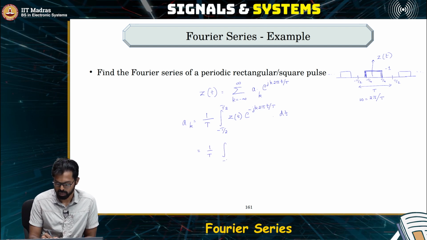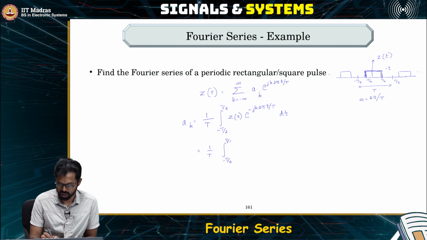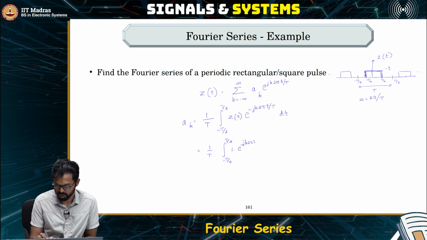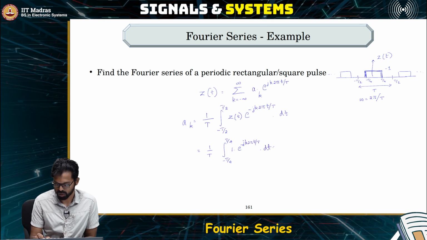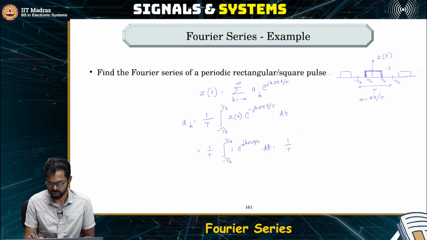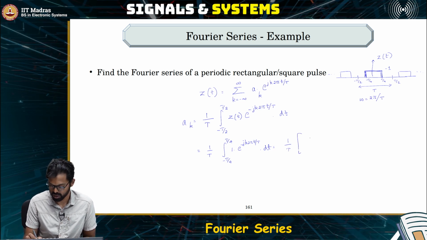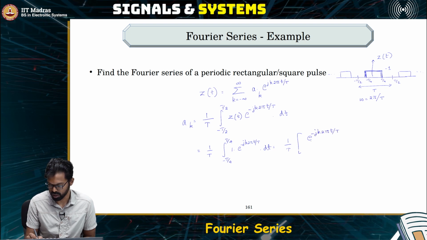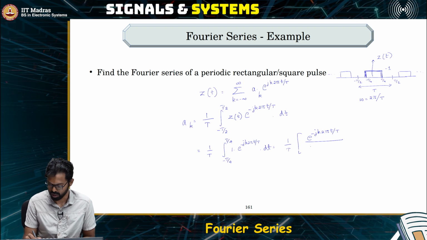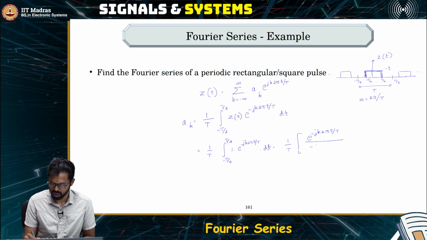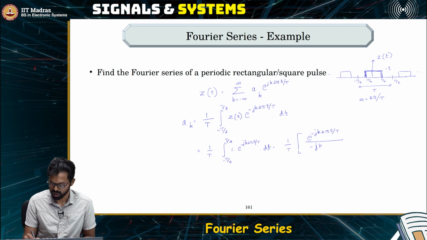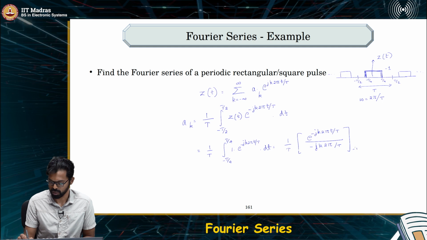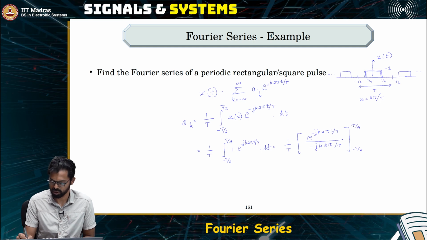It is 1 from minus T by 4 to plus T by 4 and 0 everywhere else. So all we need to do is integrate in this interval. So we get e power j k 2 pi t by T divided by minus j k 2 pi by T, from minus T by 4 to plus T by 4.